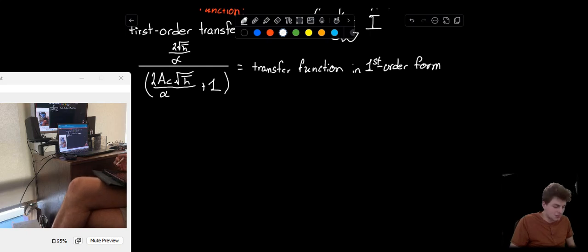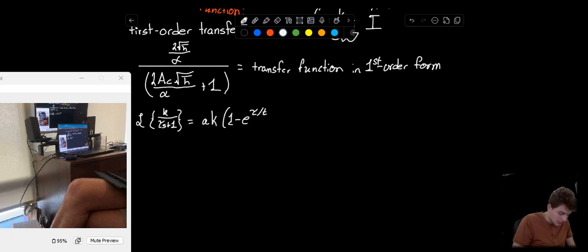And that Laplace transform is the inverse Laplace transform of k over tau s plus 1, which is equal to k times 1 minus e to the minus t over tau.